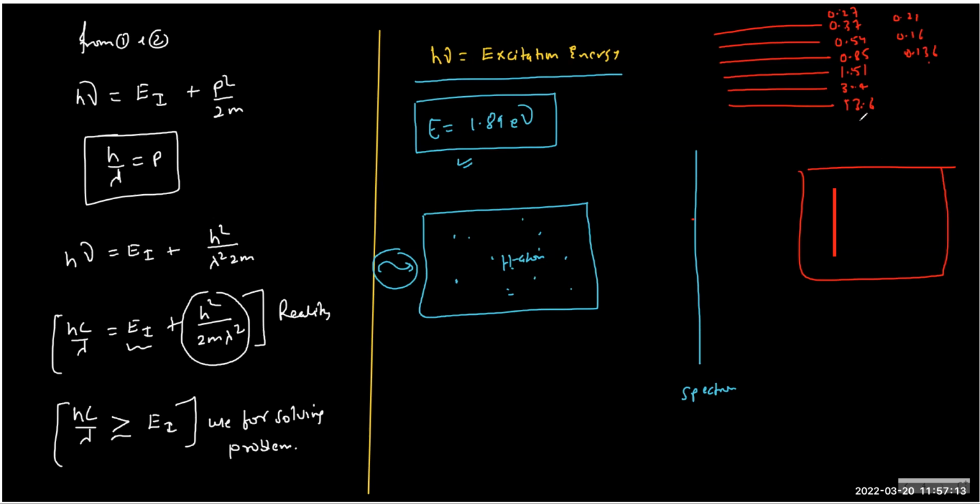It's pretty easy to remember. 13.6, 3.4, 1.5, 0.85, 0.54, 0.37, 0.27, 0.21, 0.16, 0.136. You can just read it like a poem.